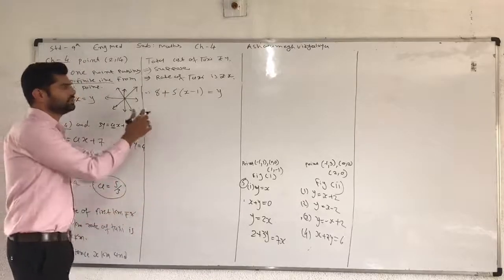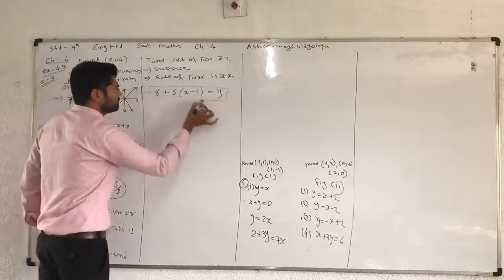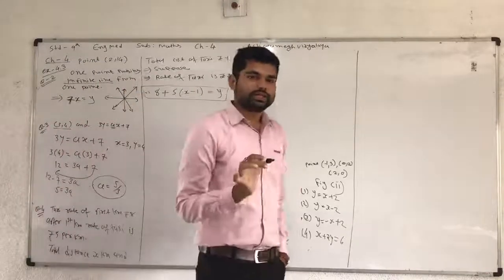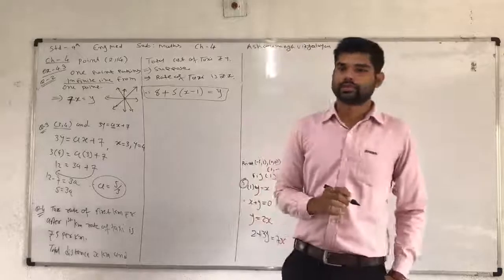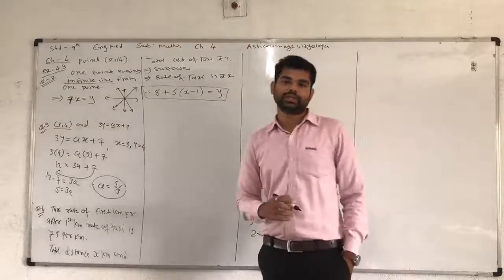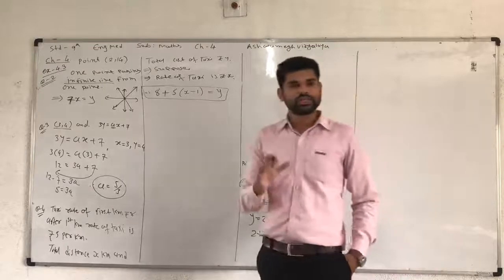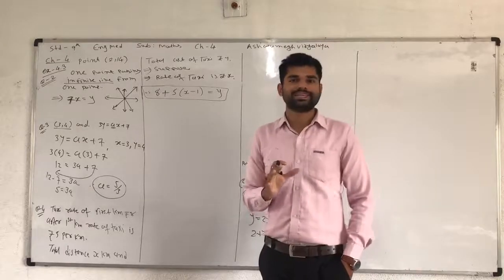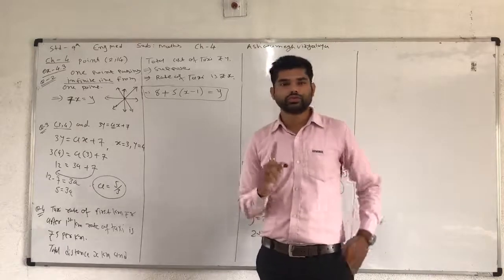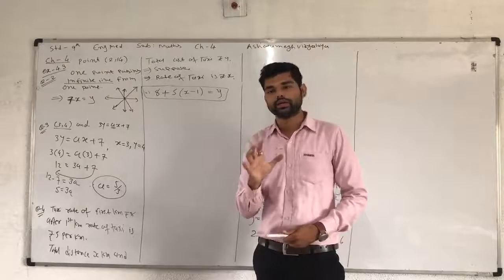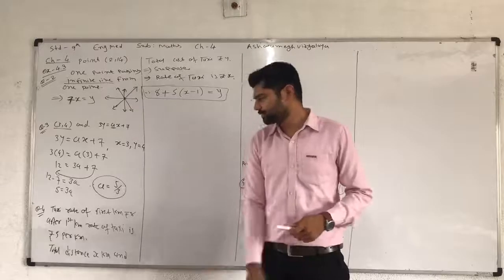Now understand this equation with an example. Suppose you have completed 5 kilometers. So how many rupees do you give the taxi? The total distance covered is equal to 5 kilometers. So according to this data, for the first kilometer you pay 8 rupees.